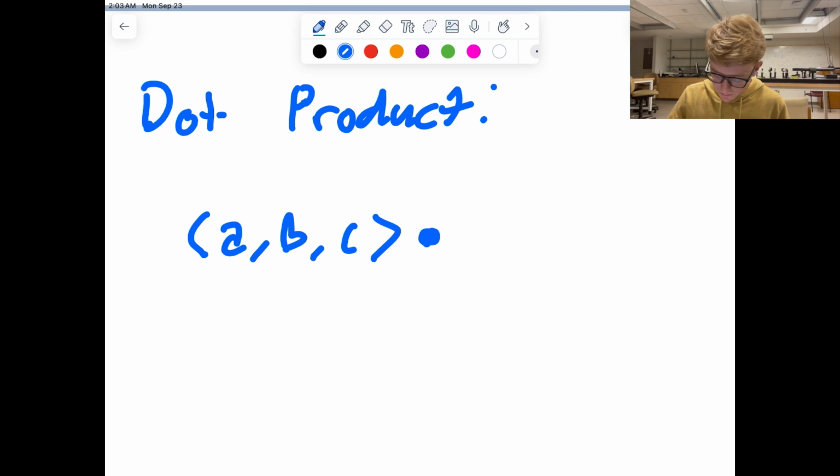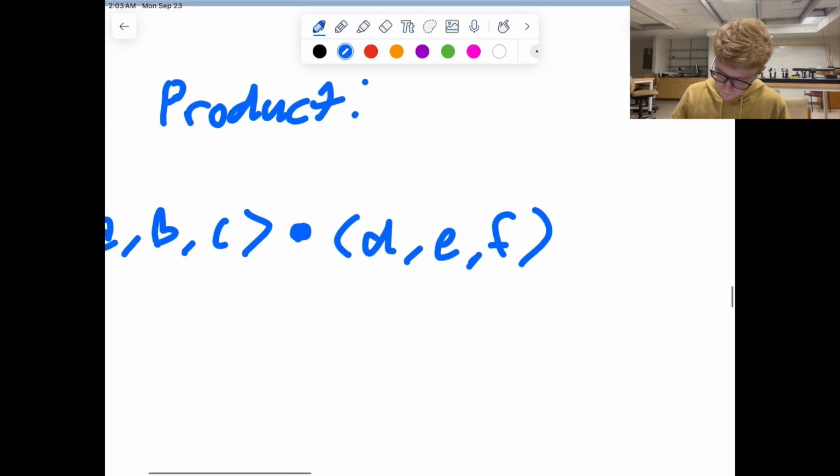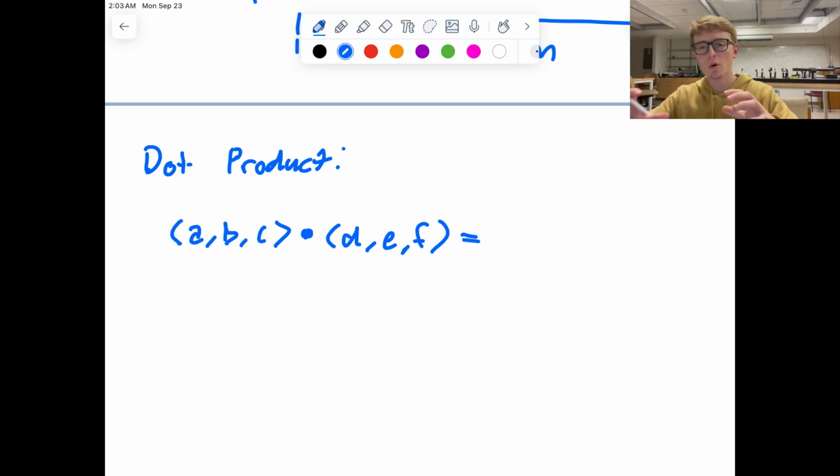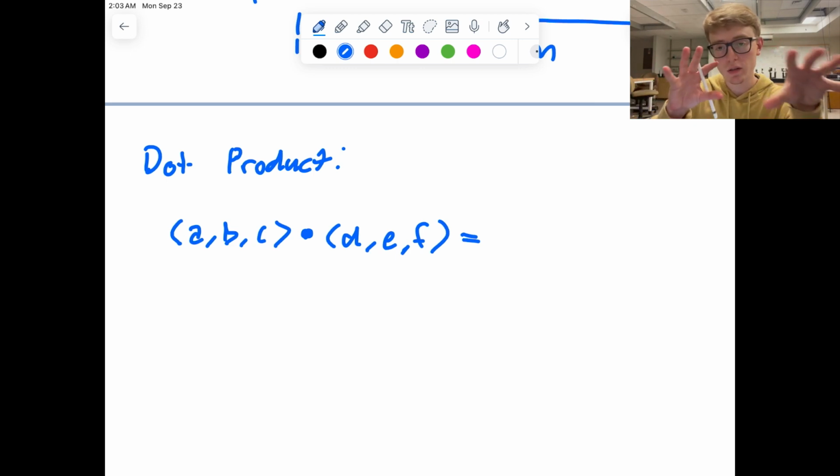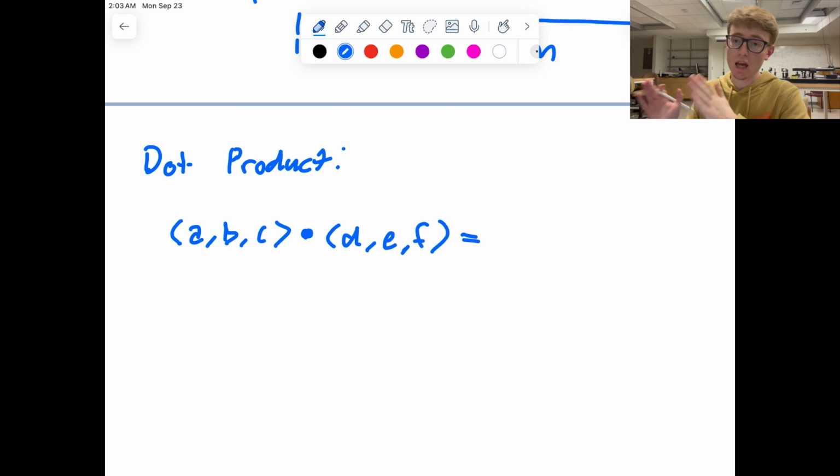So we got dot D, comma, E, comma, F. Okay, so with dot product, I'm going to dot two vectors, and I'm going to get a scalar as a result. So this whole time I've been doing math operations on vectors, and I've been getting a vector as a result. This time is a little different. This time I'm going to get a scalar, just a magnitude as the result.